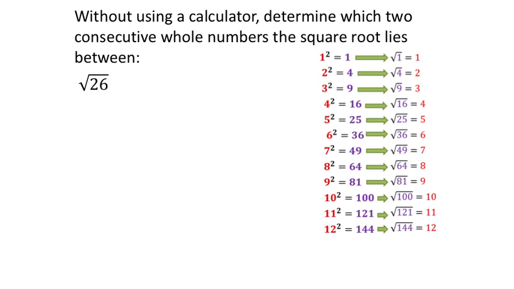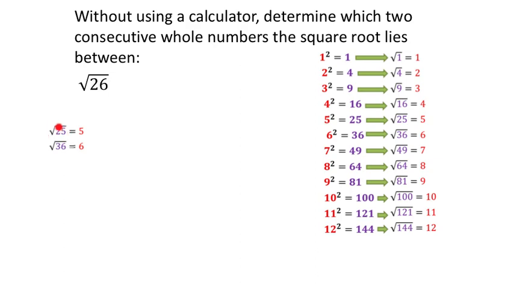Okay, without using a calculator, determine which 2 consecutive whole numbers the square root lies between. Okay, so again, I'm looking at the square root of 26, but I focus specifically on the inside, which is called the radicand. Okay, 26 is between 25 and 36. So I look here, and I pulled this off the list, right?